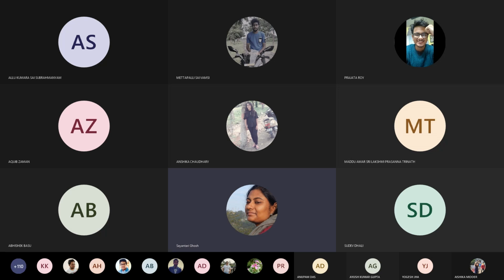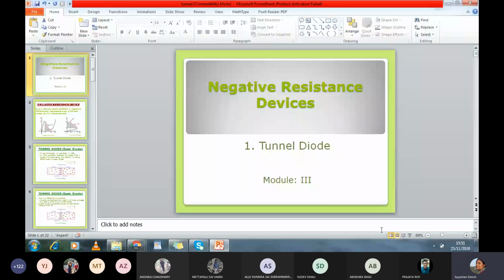Let me just share my screen here. In these devices, you will see that not the entire IV characteristic, but a portion of it, is going to show a slope which is not positive. So we are going to have a negative slope in at least a portion of these devices.